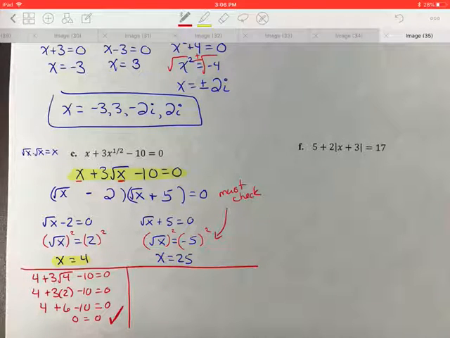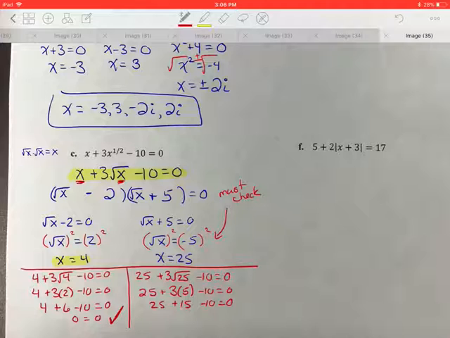That means I get to keep this solution. So let's try the same thing with 25. I'm going to go back, and everywhere I have an x, I'm going to put a 25. So 25 plus 3 square roots of 25 minus 10 equals 0. That'll be 25 plus 3 times 5 when I take the square root, and I end up with 25 plus 15 minus 10 equals 0.